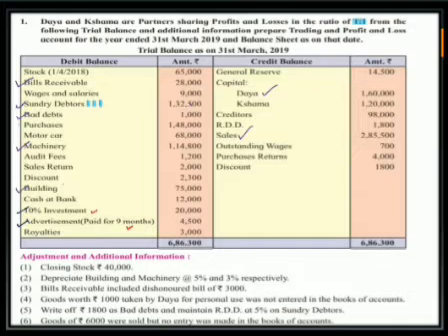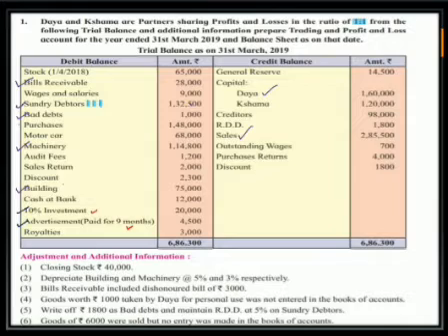That is the opening stock, to purchases, by sales, then by closing stock, as well as closing stock in the balance sheet asset side, and capital, only opening balances, Daya and Kshama, under the partners' capital account. Then we will start solving the problem.